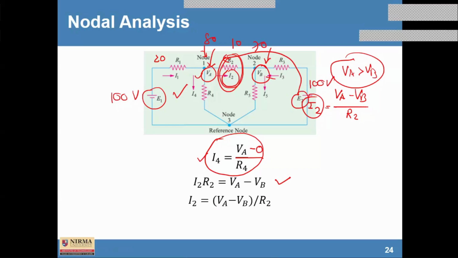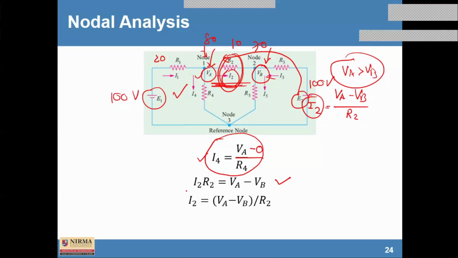Right? That you have to assume, and if you assume it, then when you use the VB potential at node 2, that could always be less than the potential of VA. Fine. So at node 2, when you write an expression, you have to consider this fashion only. Okay. So here we can write an expression of I2 by using this.